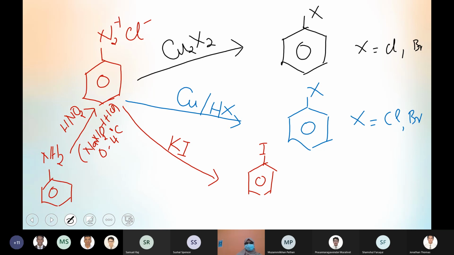What do you have to do to get a fluoro product? Heating with fluoroboric acid, that means HBF4.